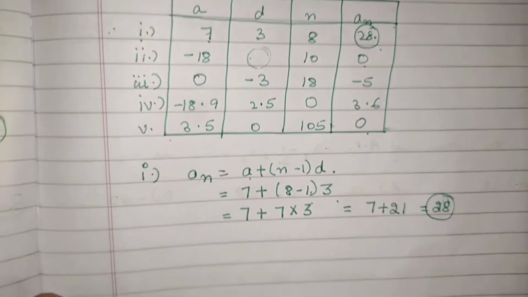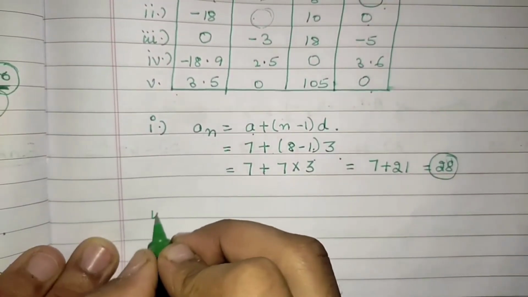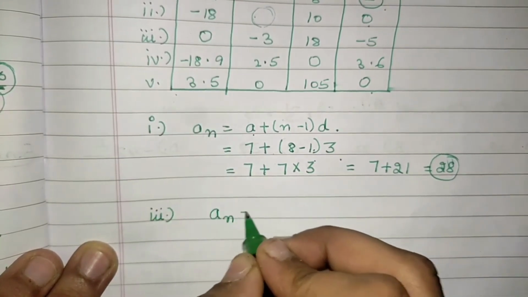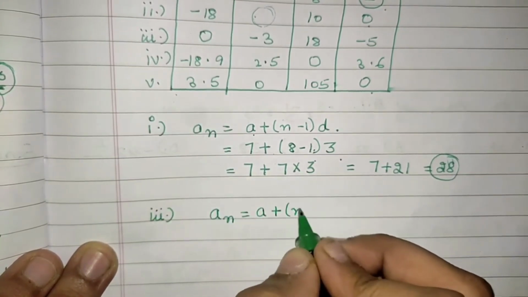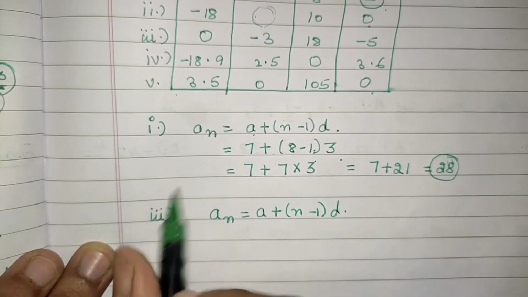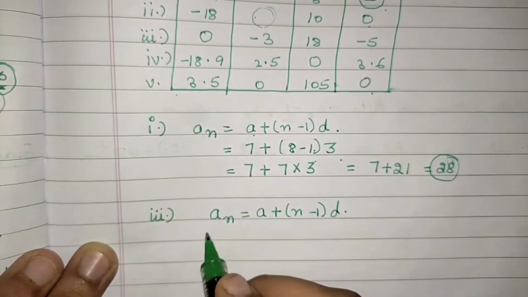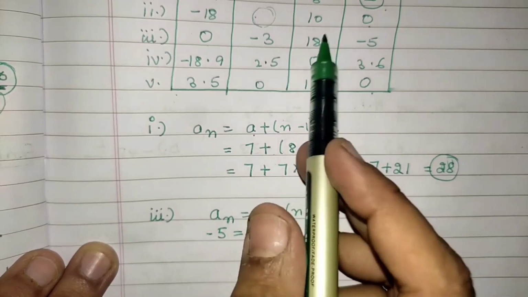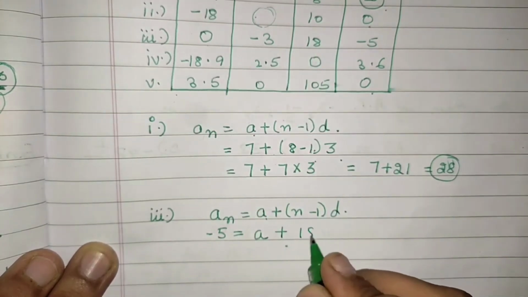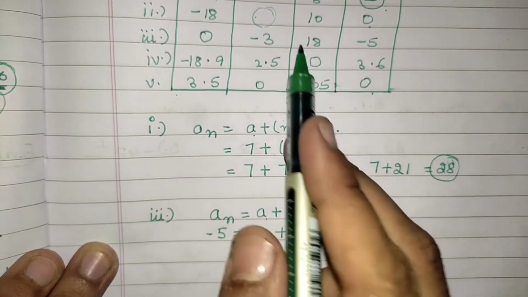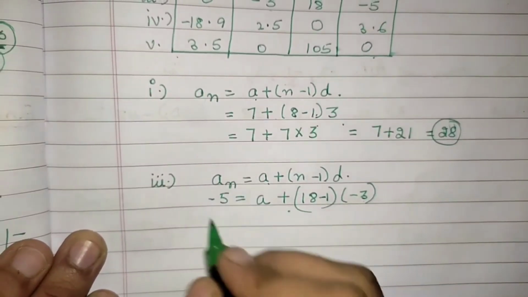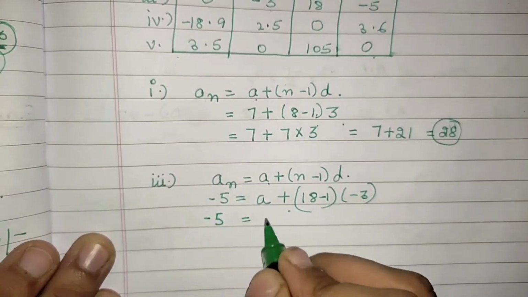Okay, so now let's find another part also. Suppose we have to find this third part. Again, we have to use the formula A plus N minus 1 into D. So AN is my minus 5. A I don't know, I have to find it out. N is my 18 minus 1 into the common difference, which is my minus 3. Okay, so let's solve it.